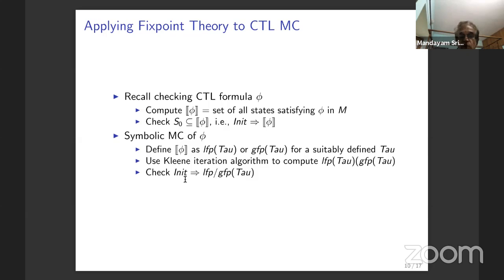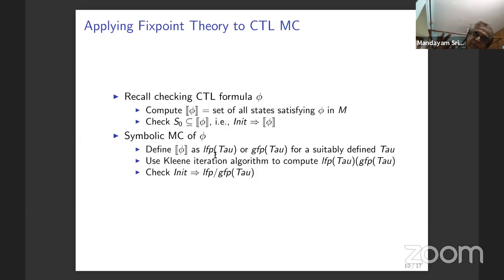And then we check that the initial set of states implies this least fixed point. The least fixed point, in the theory that I just said, we were defining as mappings on sets of states.